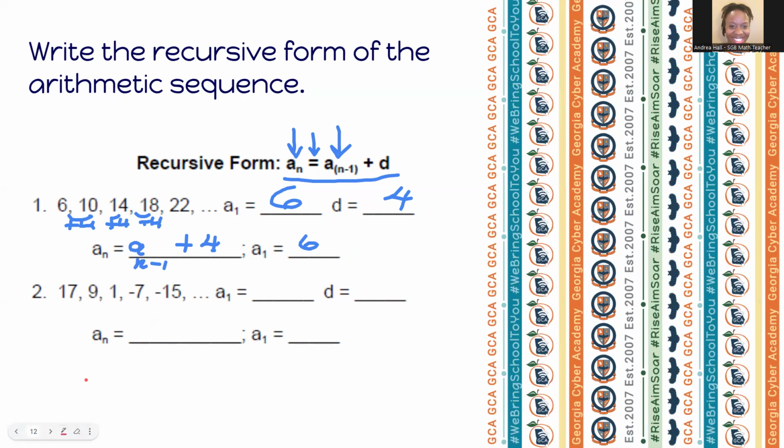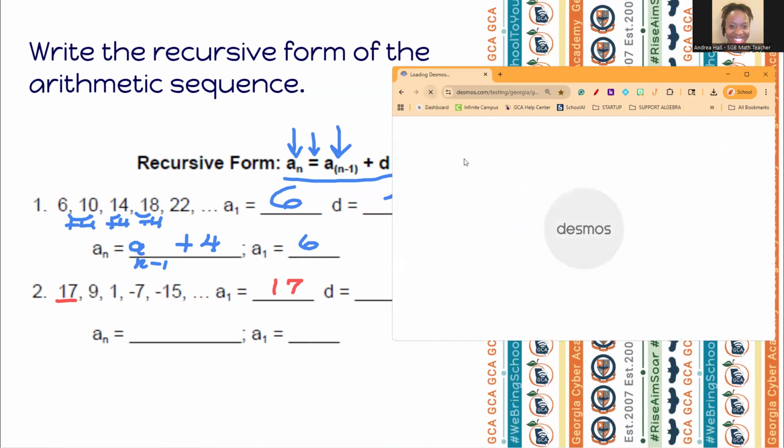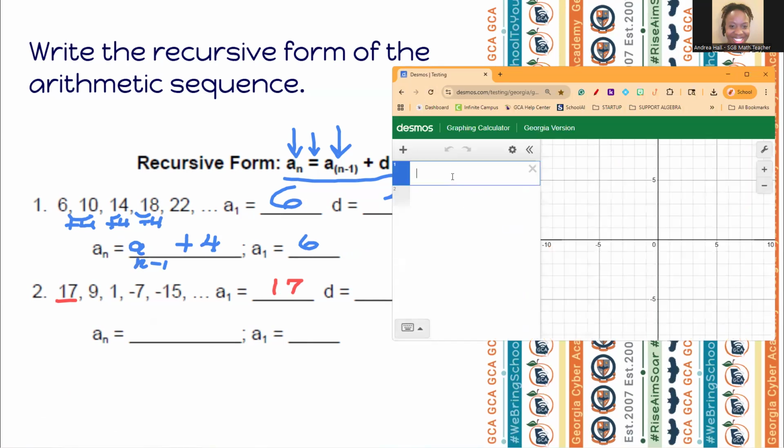All right. A sub 1, my first term, is 17. For my common difference, let me go ahead and get my calculator out so I can figure that part. So I'm going to do negative 15 minus negative 7, negative 7 minus 1.